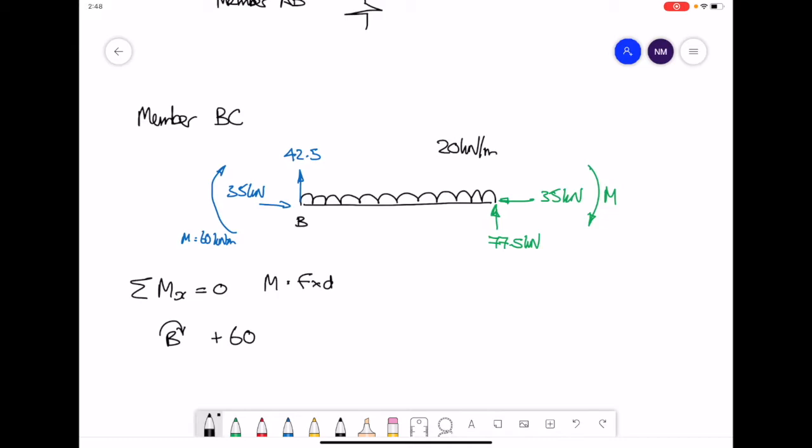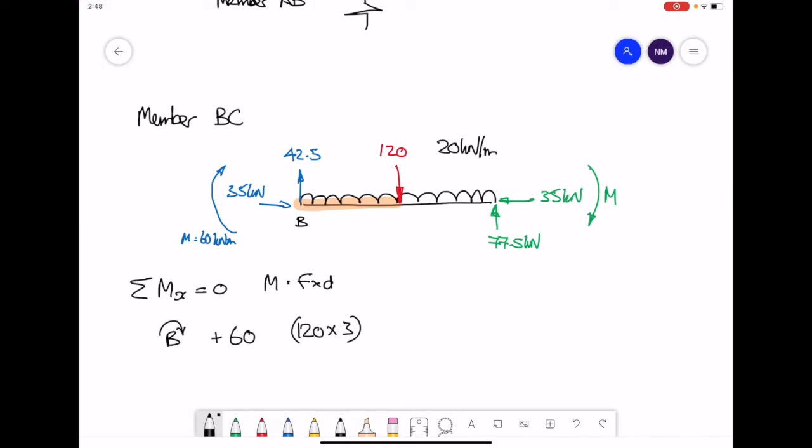The clockwise rotation makes it positive. Then when considering the UDL, we put all the weight of the UDL as one point load in the middle. The distance across from B to that point is going to be 3 meters. So it's going to be 120 by 3. We'll get a sign in a minute.